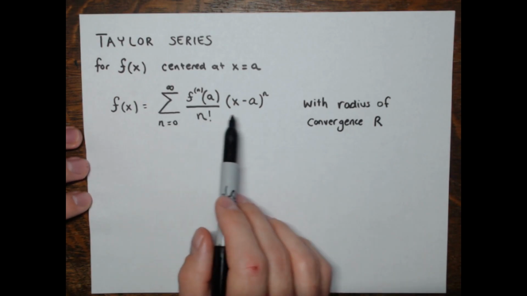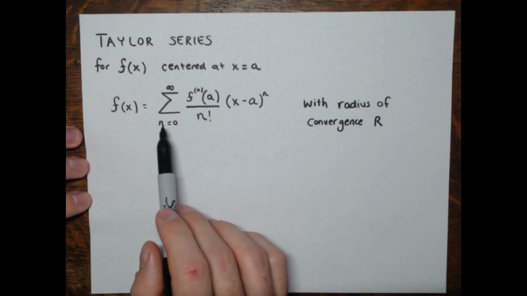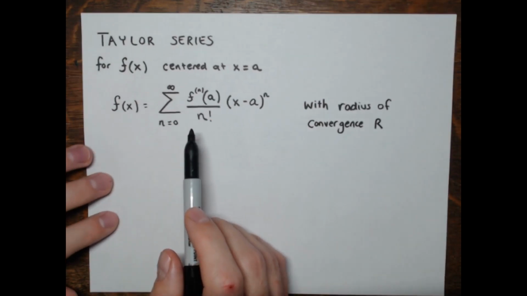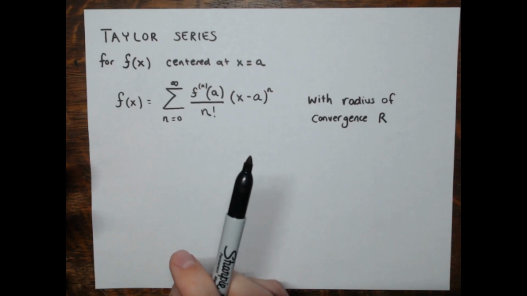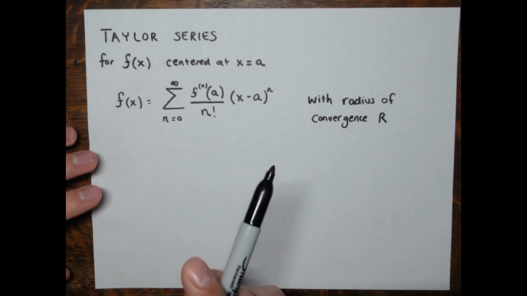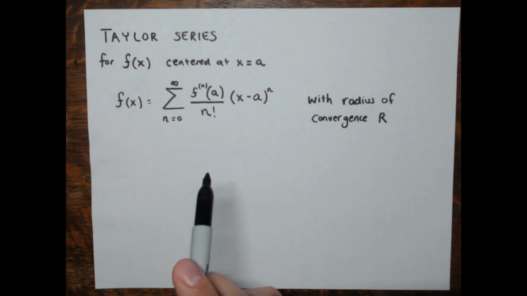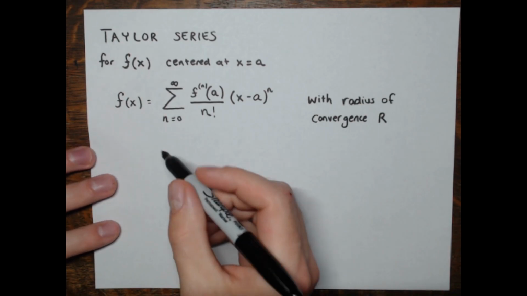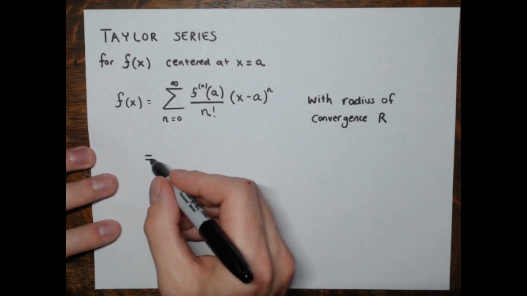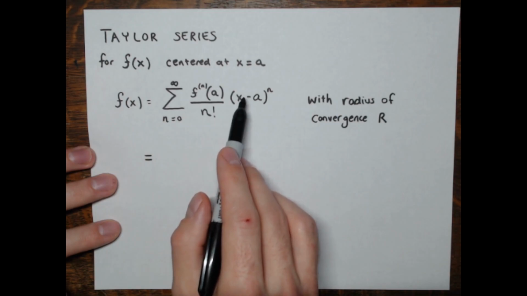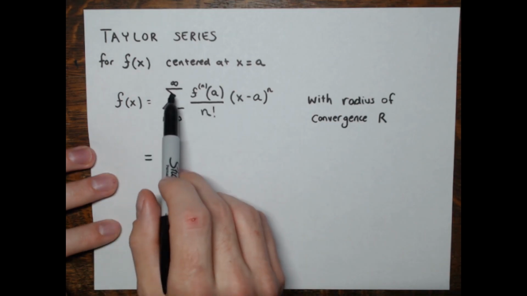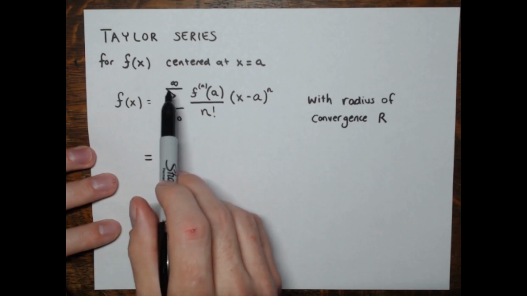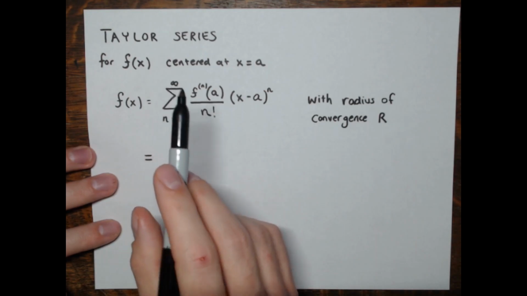Now I can split this up into our Taylor polynomial. Remember the nth, again, remember this from the first video from the section on Taylor and Maclaurin polynomials. So we can split this up and make an estimate for f of x by going up to, say, capital N instead of to infinity.